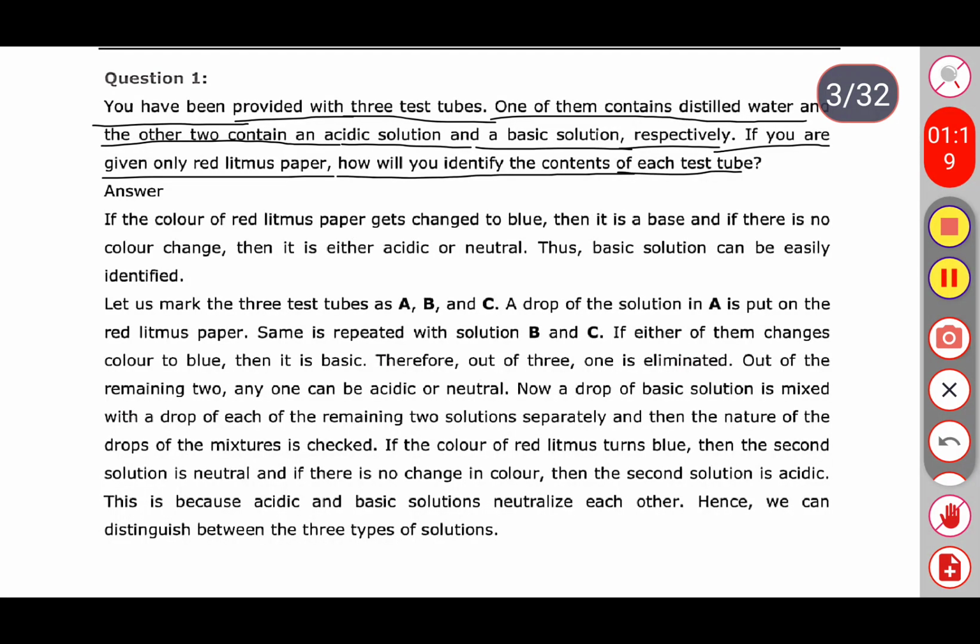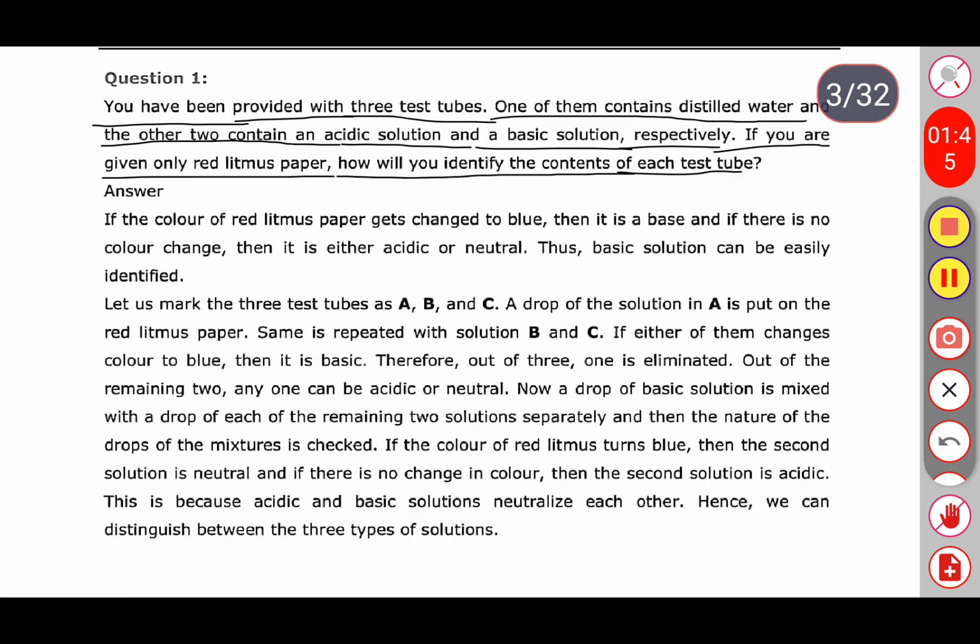So in this question, if three test tubes are given, out of that three test tubes, one test tube is filled with distilled water, second test tube is having acidic solution, and one more test tube having basic solution.